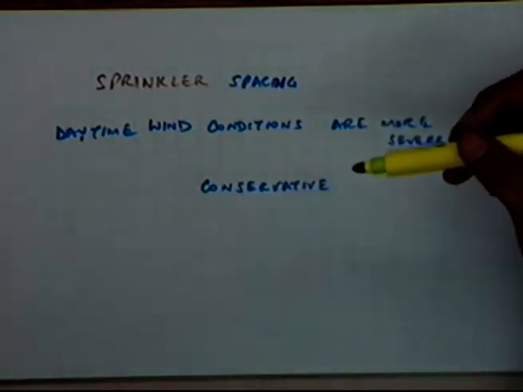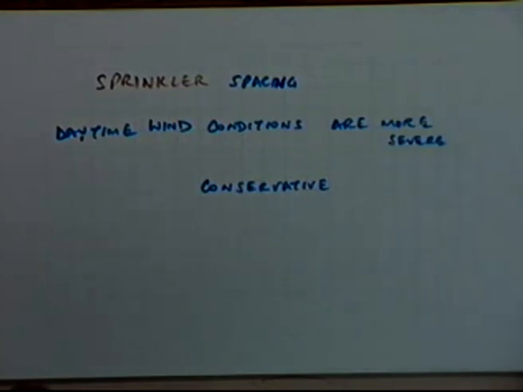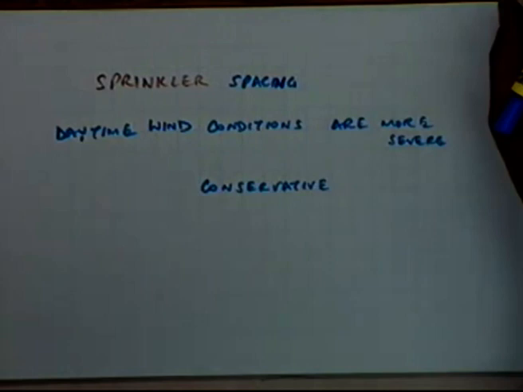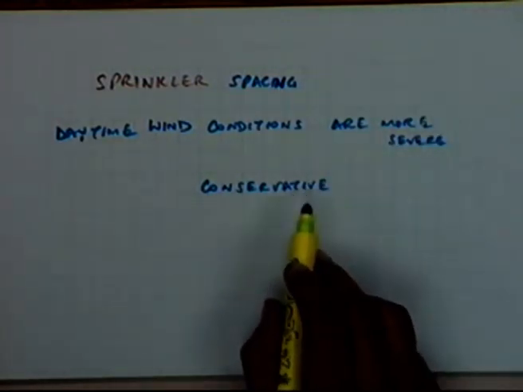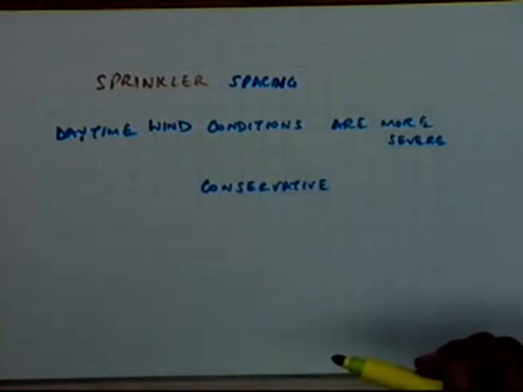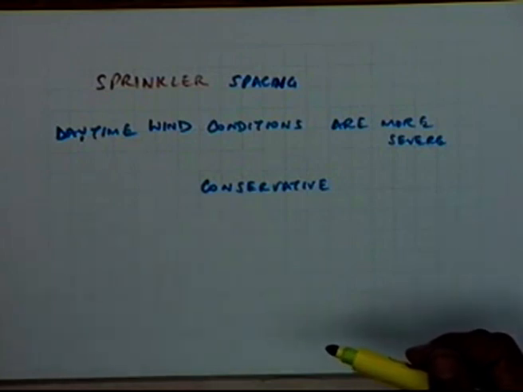You will try to account for that by having more overlap. Thereby, you will have an overlap which is excessive, which may not be required. So, the design will be more conservative. It might be over design.